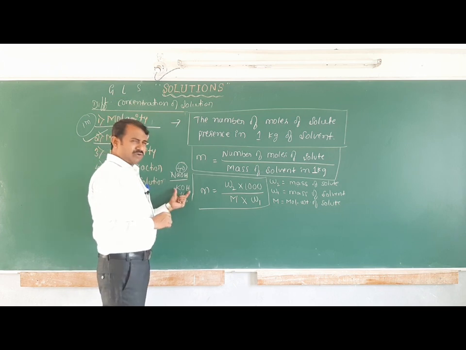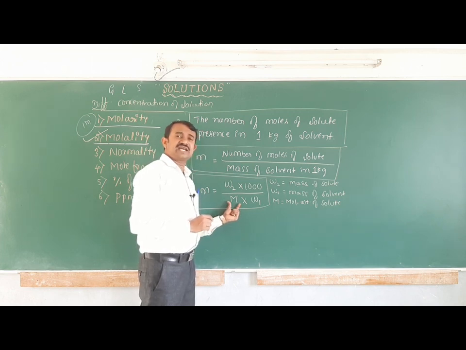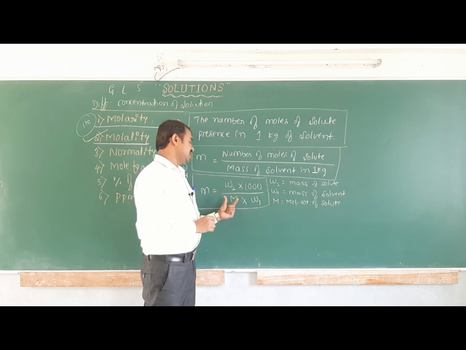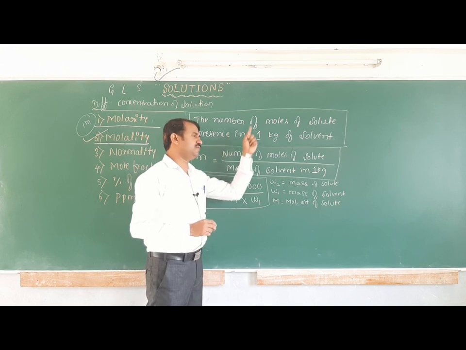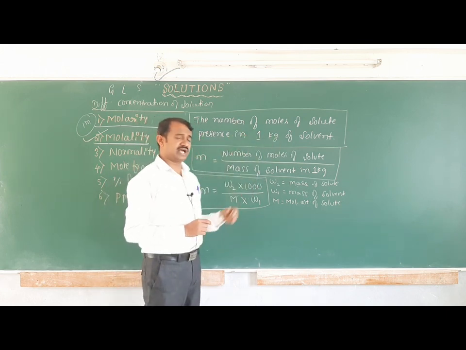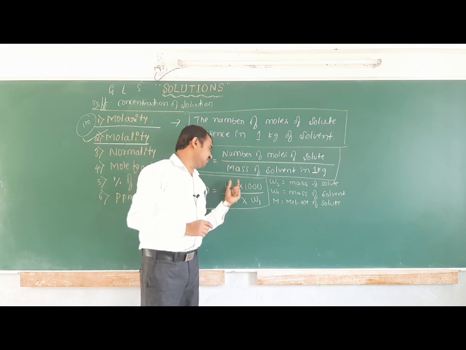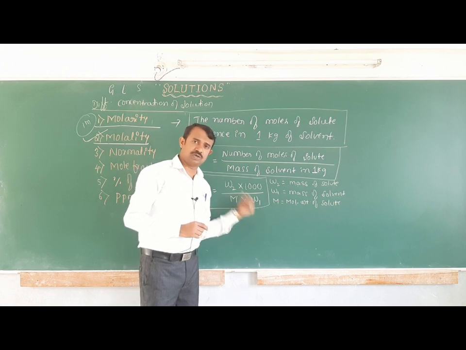You calculate the molecular weight; that is M. Hydrochloric acid is 36.5. Sulfuric acid is 98 gram. Okay, this is the molality, molecular weight. Number of moles of solute present in 1 kg of solvent is called molality. Formula: W2 into 1000 divided by M into W1.